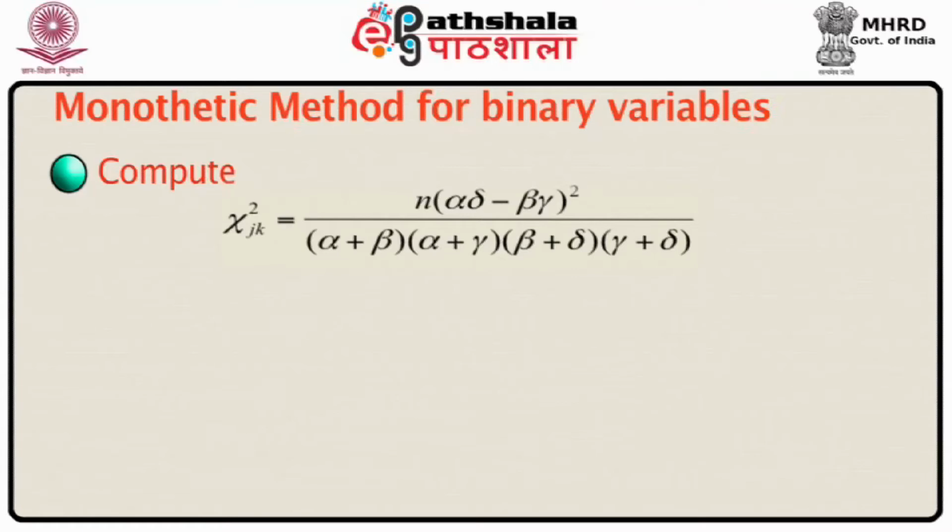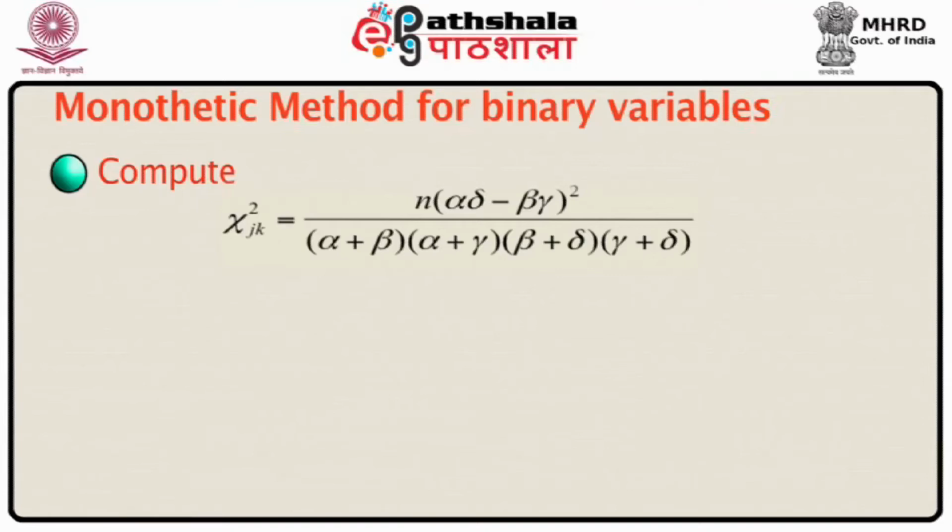Now the numerator gives us alpha delta, the product of the proportions of those who have both j and k and those who do not have j and k, whereas beta and gamma is individuals who have one of the 2 variables and not both.